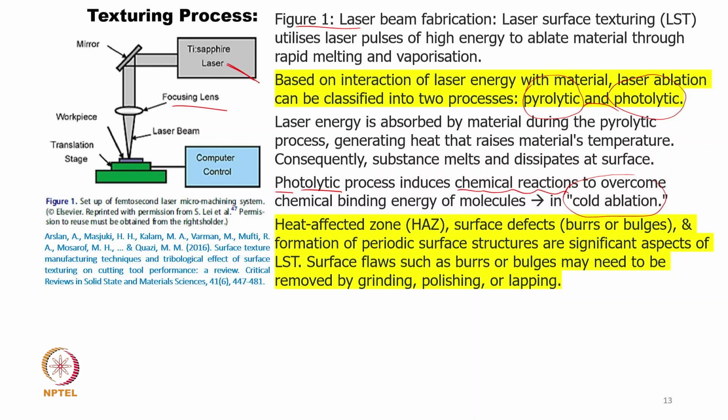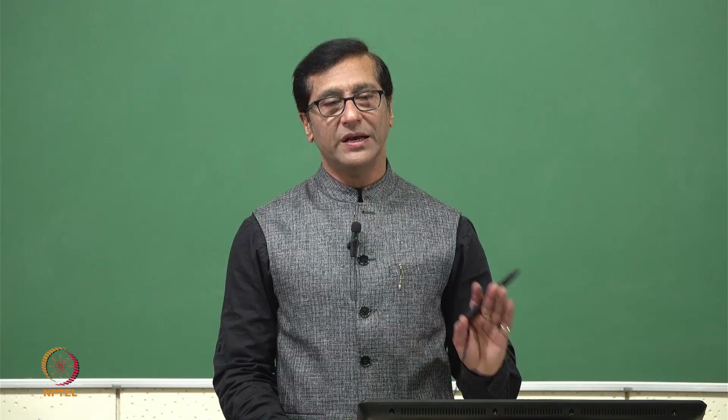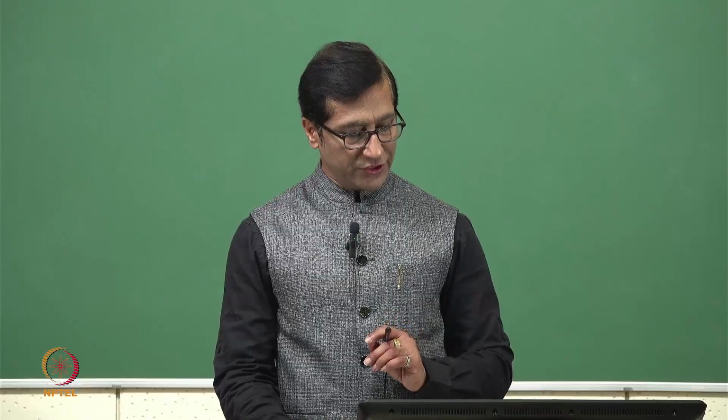So we really require a CNC machine or computer control on the stage where this specimen is clamped, and it travels as per the requirement. We require the computational method to move the surface in a manner so we get a desirable finish.